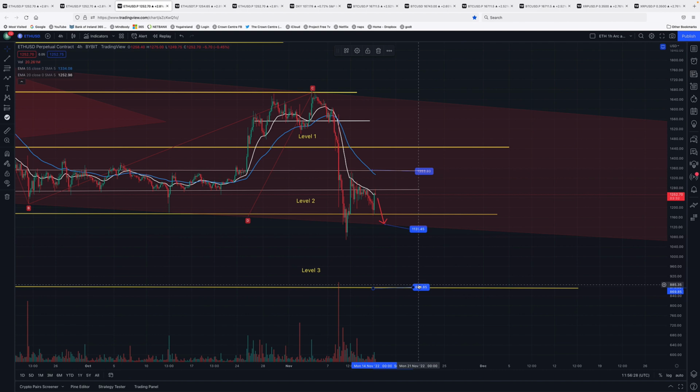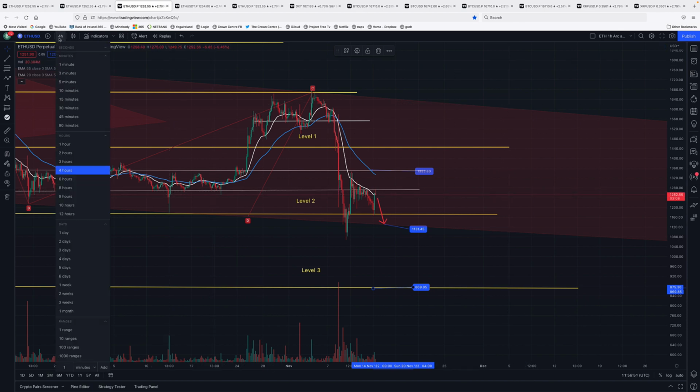So the 20xers, the 25xers, the 50xers, the 100xers, they're out. That's the point of those spikes and of that volatility. It collects a lot of liquidity both ways, because it activates short orders and then it activates long liquidations.